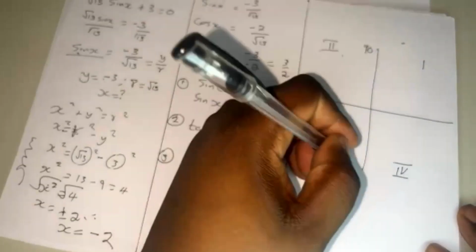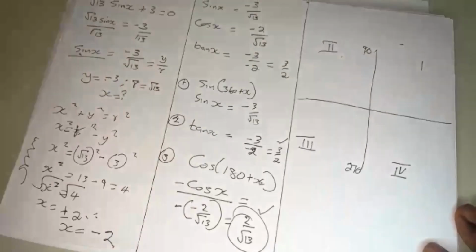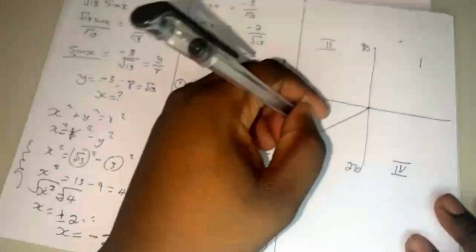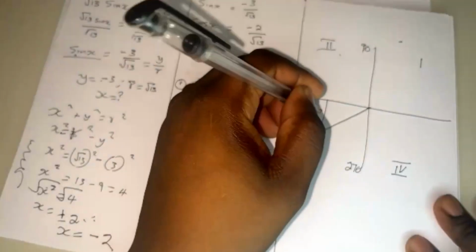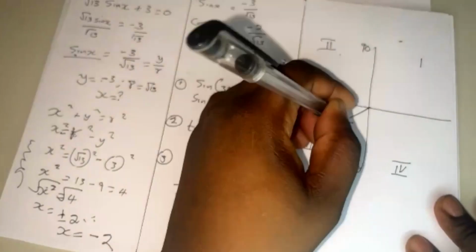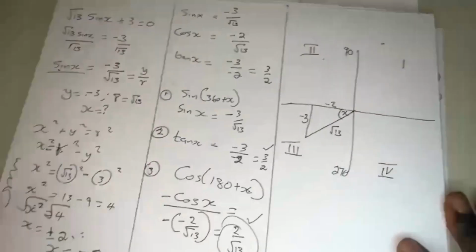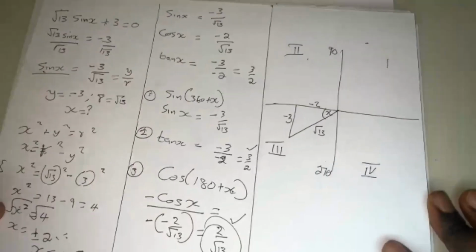They said it's between quadrant 2, which is 90, and quadrant 3, which is 270. So our triangle is going to be this way: minus 3 here, minus 2 here, and root of 13 here. And this is the value of x. This is our triangle.